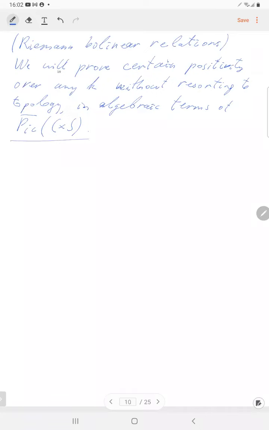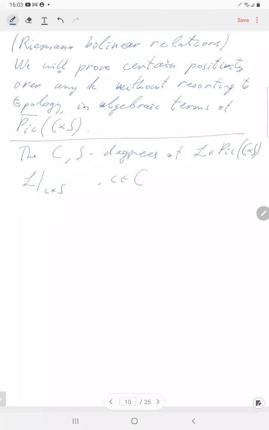So first we define the C and S degrees of line bundles. Let's take this line bundle and restrict it to any fiber, like say C times S for any point in the first factor.